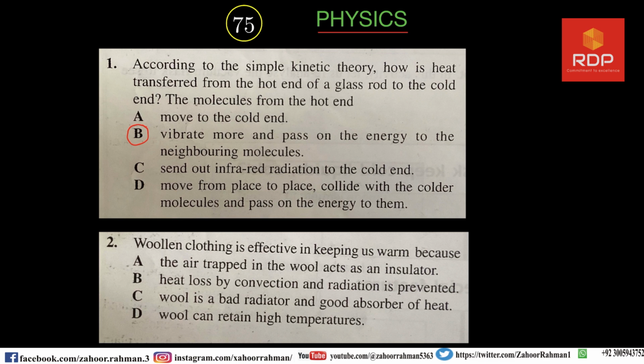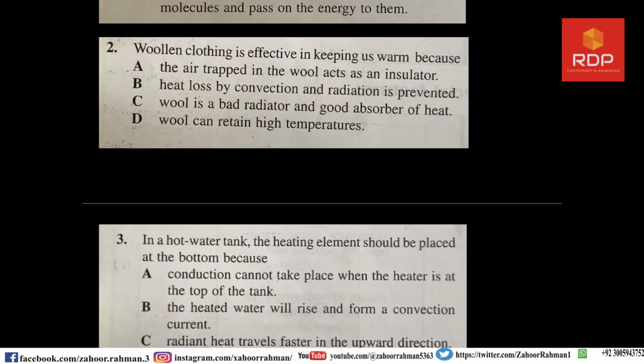Now, let's turn our focus to option D, move from place to place, collide with the colder molecules and pass on energy to them. It is also not correct because it is not moving from place to place. It vibrates around its mean position in its place and jolts the neighboring atoms, transferring the energy. So option B is absolutely the correct option.